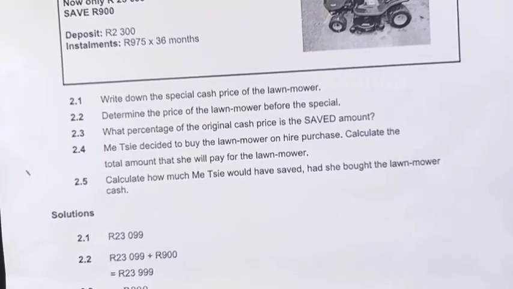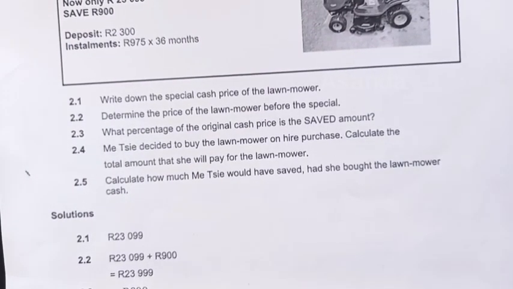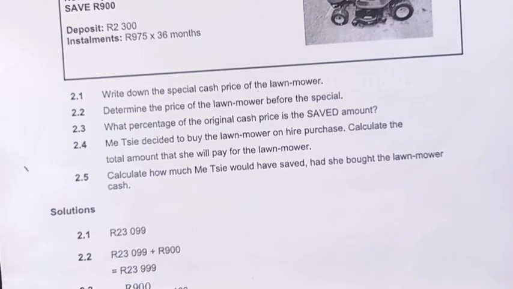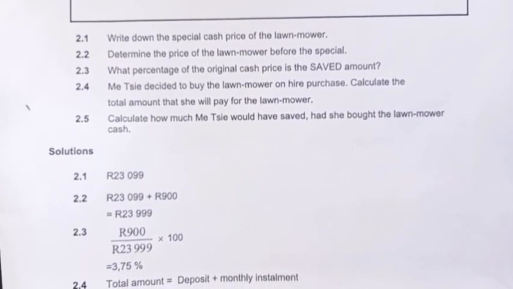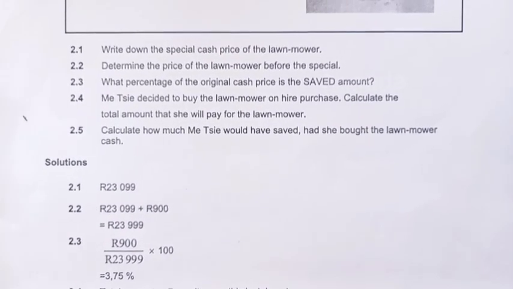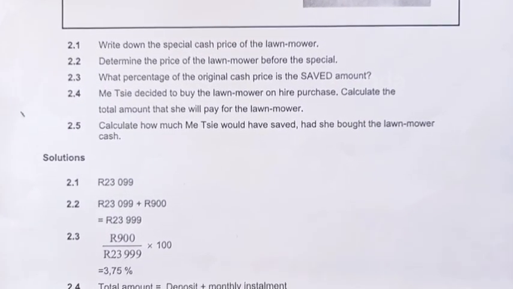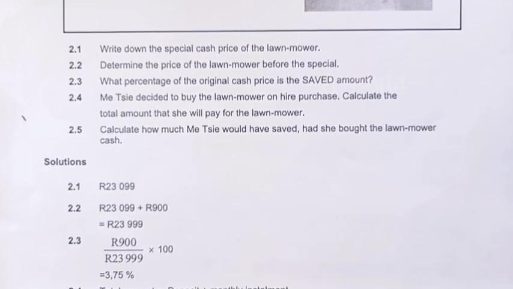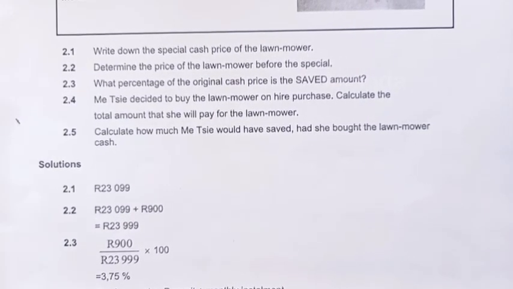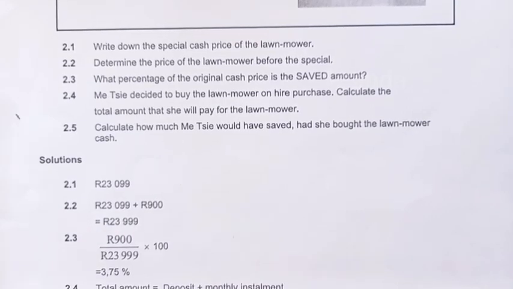So whatever you're calculating the percentage for, you write on top. You say percentage is equal to 900 rand, then you divide it by the original price, and then you press your calculator. I'm not doing this now because we're going to do a lot of questions, so let me just give you the answers on this one.